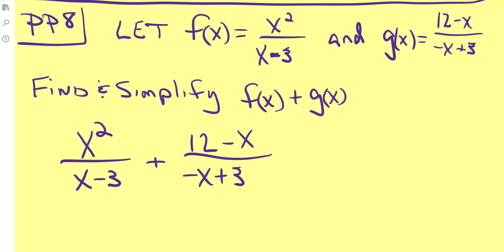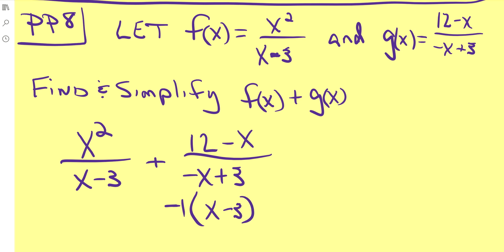I'm going to factor this right side here. One of two things I could do: I could factor this as it is. That means if I take out a negative 1, and divide back what's left over, negative x divided by negative 1 is x, and 3 divided by negative 1 is negative 3.